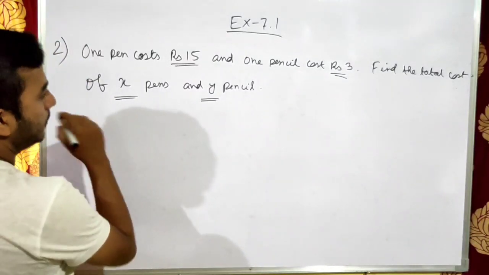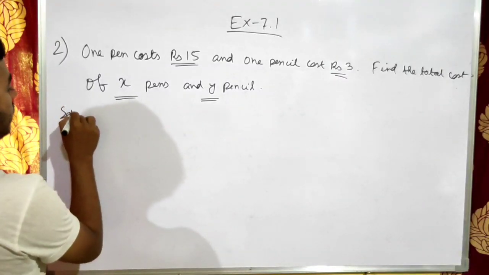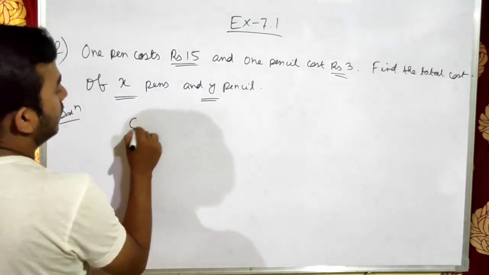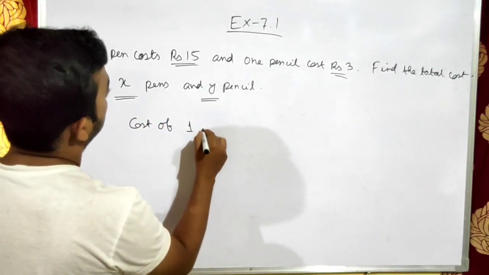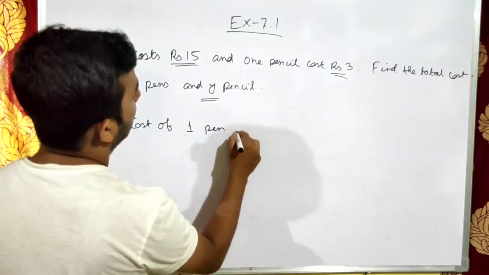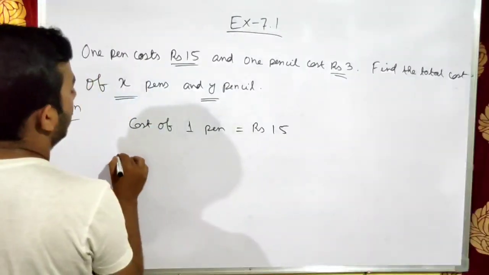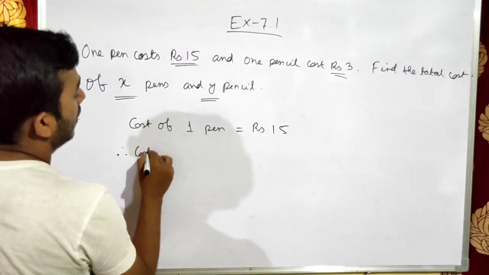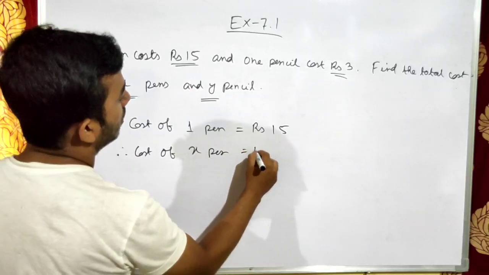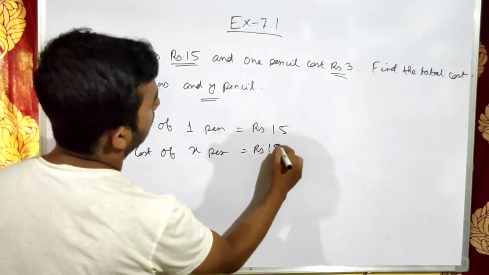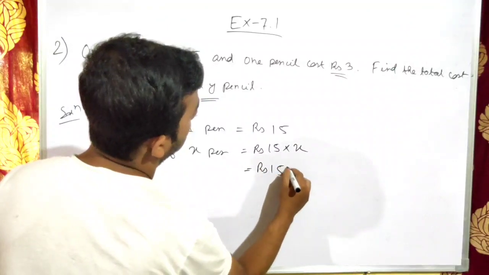So the solution: cost of one pen equals rupees 15. Therefore cost of X pens equals rupees 15 into X equals rupees 15x.